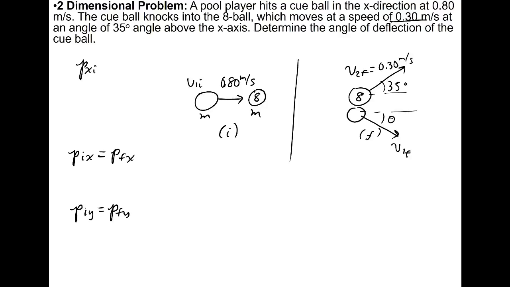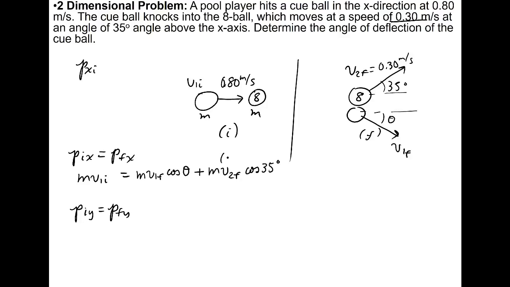Now we know that in the x direction, before the collision, we're going to have m V1 initial. The 8 ball doesn't have any momentum before the collision. Afterwards, both objects have x momentum. The cue will have m V1 final cosine theta for its momentum, and the 8 ball will have m V2 final cosine 35 degrees.